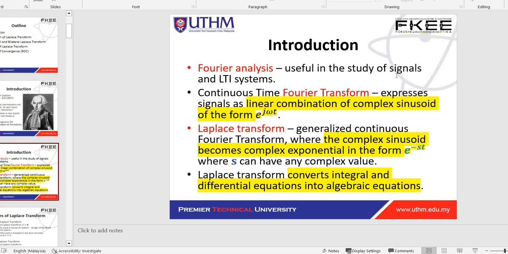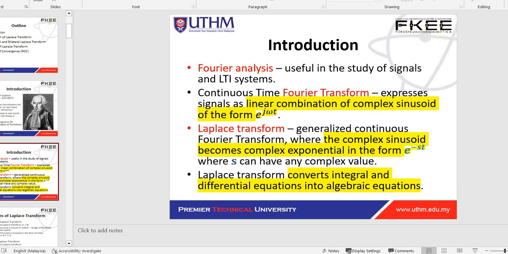Just to refresh back what you have learned before. Before this, you learned about the Fourier series. So this Fourier series is for what? This is for the study of signal and LTI system. And then you studied the Fourier series in chapter 3. You studied exponential Fourier series, trigonometric Fourier series, and amplitude phase Fourier series.